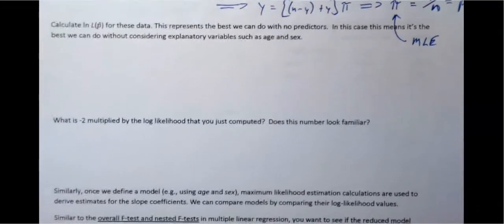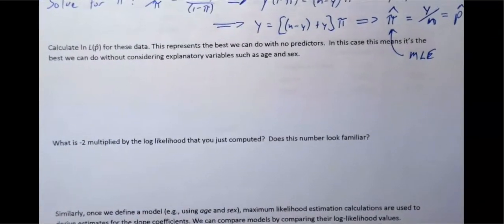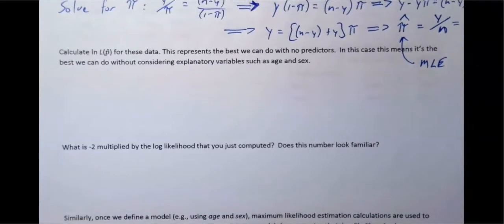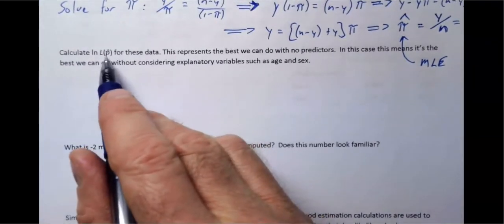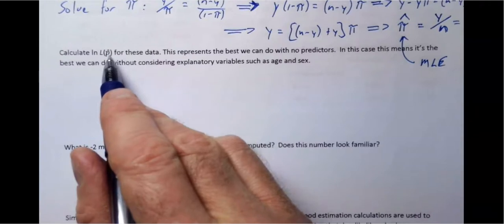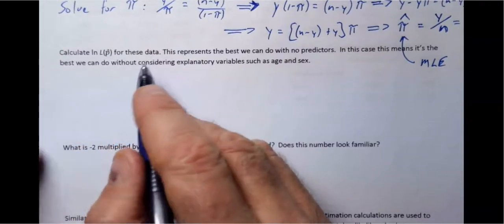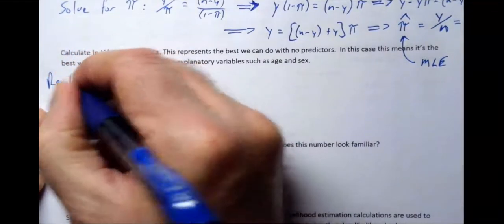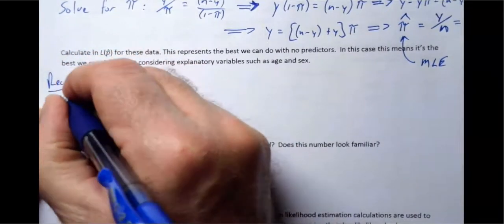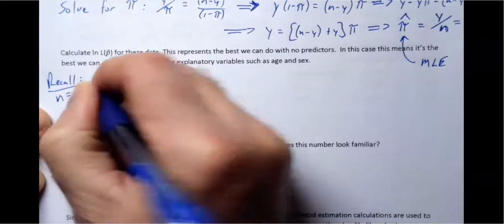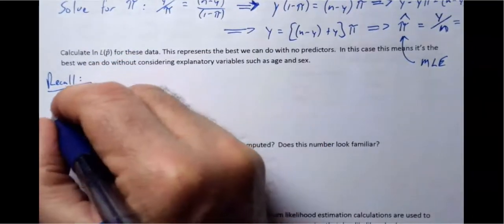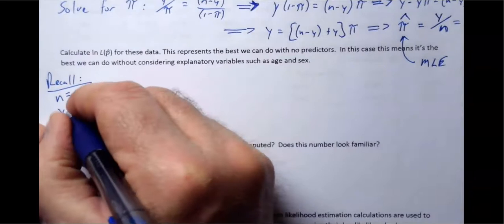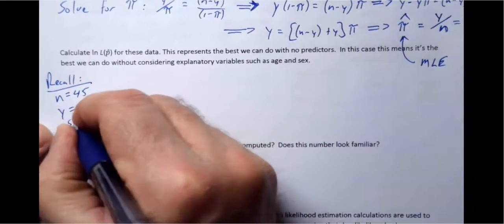So now, let's calculate the log likelihood at the observed value of p hat for these data. Recall that in our data set, there were 45 observations and y equals 20 survived.